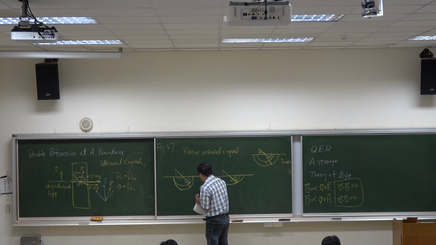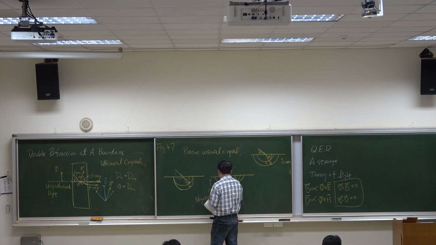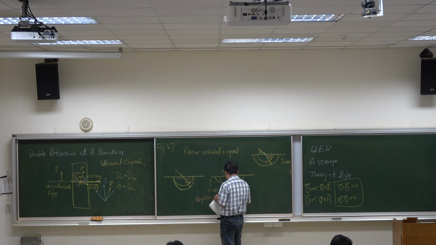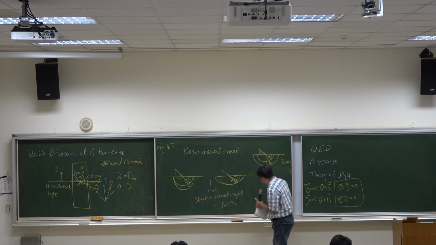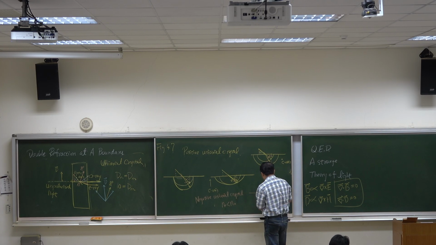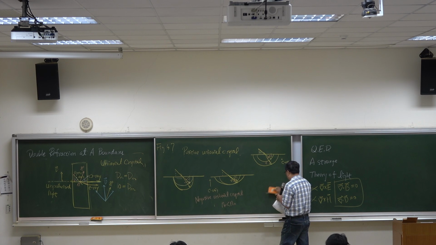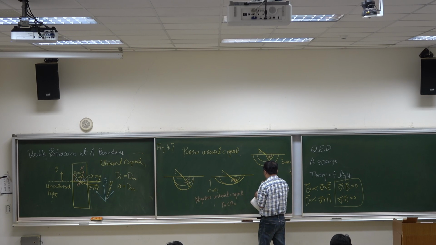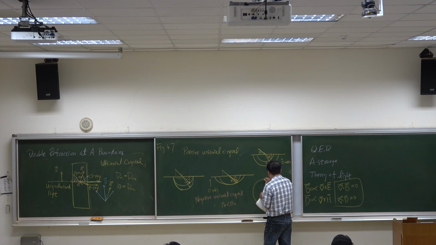Negative means NE is smaller than NO, and the corresponding normal surface for negative uniaxial crystal looks like this.